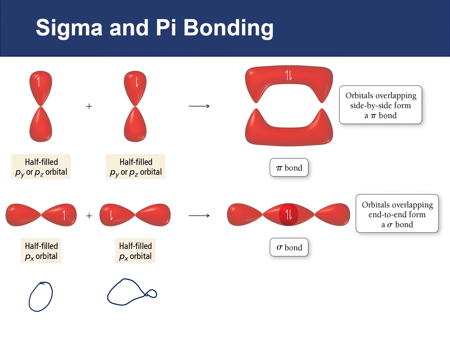When these two come together, you would see a direct overlap along the axes between them. It looks like that, and it's this direct overlap right here that gives you the sigma bond.